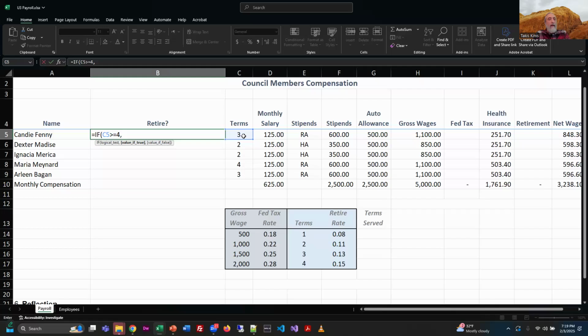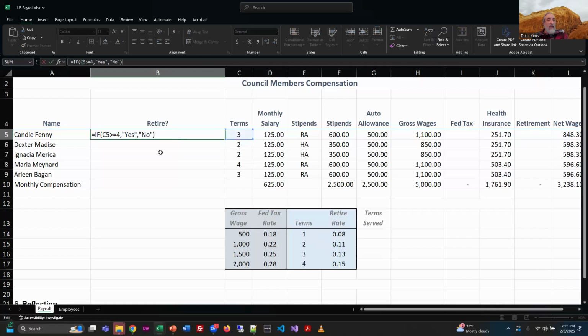So what's the value if true? It's either going to be yes or no. If it's true, I'm going to say yes, with a capital Y, and if it's false, we'll say no. This person's only done 3, so their formula works.